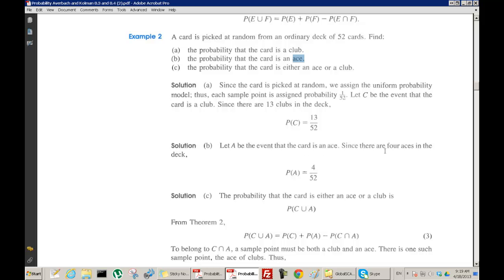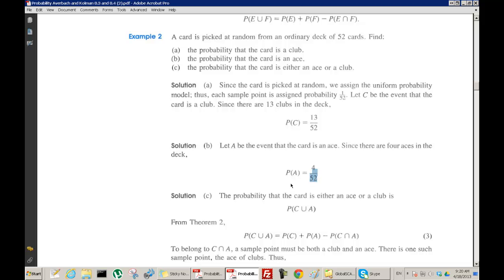Since there are only 4 aces in the deck, n of A is just 4. So we get n of A over n of S, which is 4 over 52. We can do that because it's the uniform probability model. So that's the probability of an ace.